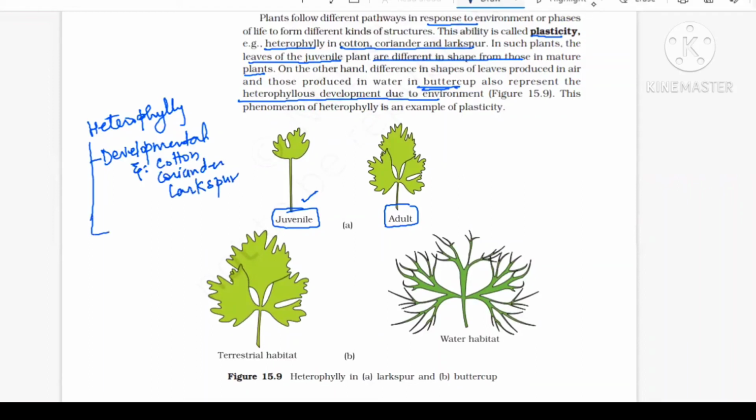And another is, sorry, not developmental, this is a mistake. It is environmental heterophyly. An example of environmental heterophyly is buttercup.